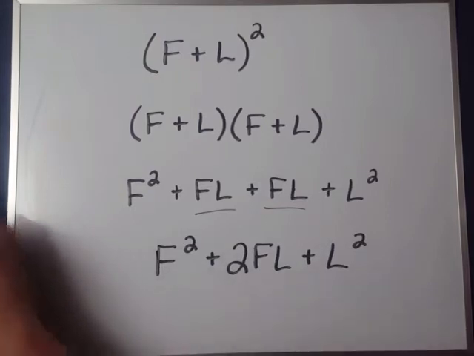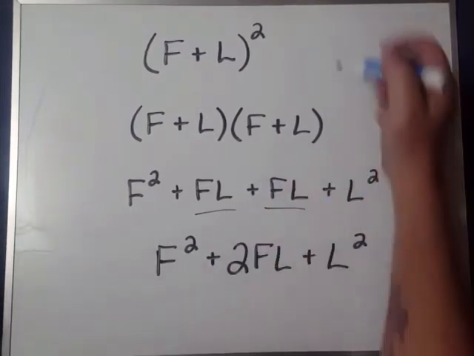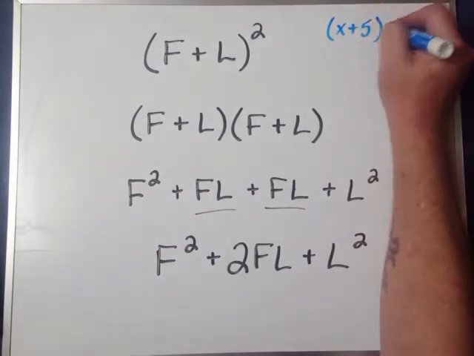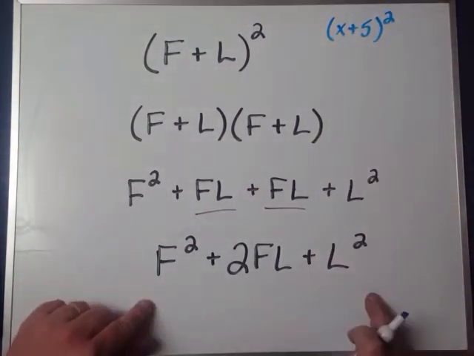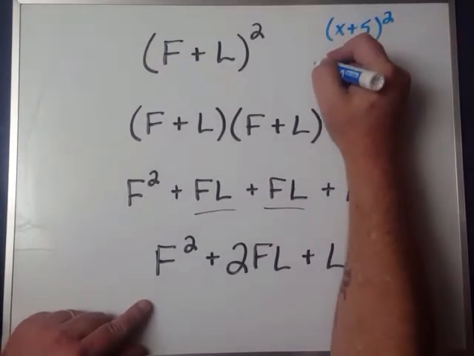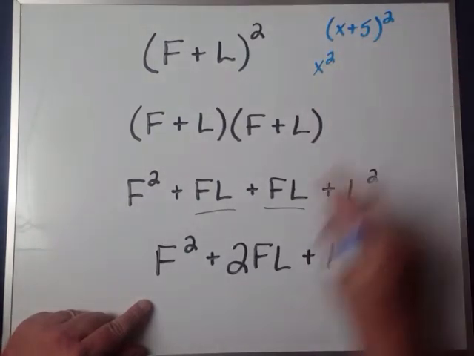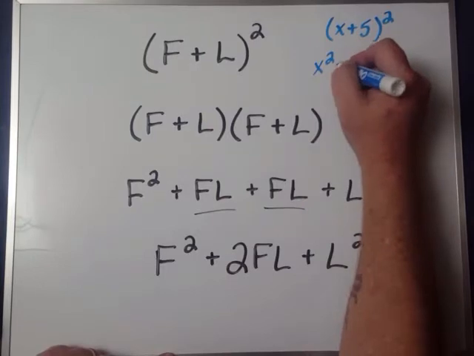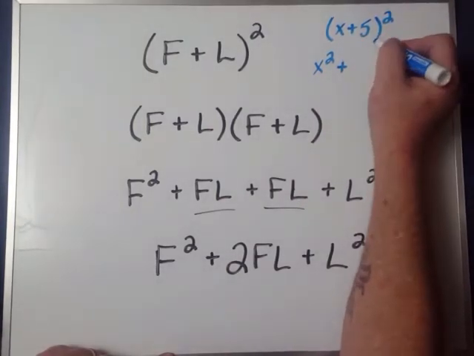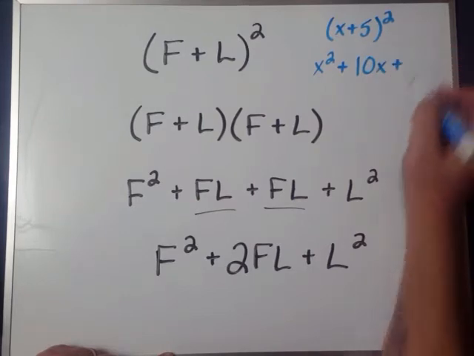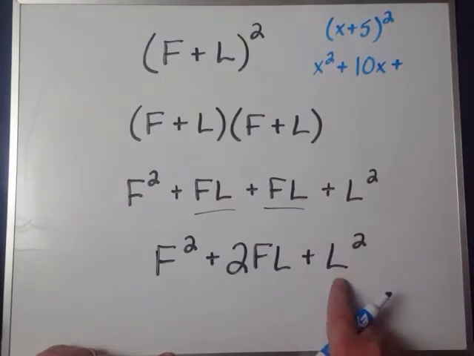Now let's go back for a minute and look at the one that we just finished working. We had x plus 5 quantity squared. This at the bottom suggests that all I have to do is take this first term and square it, x squared. Take the first times the last and double it, plus the first times the last is 5x, doubled is 10x, and plus the last term squared.